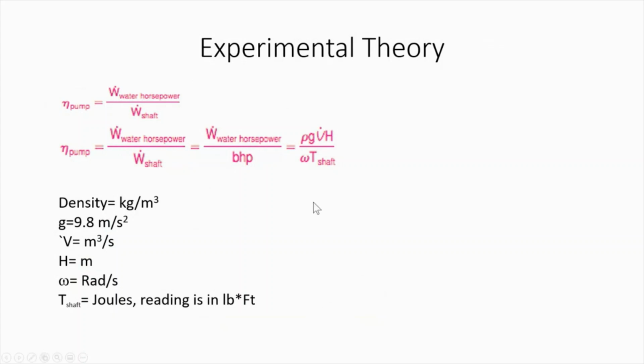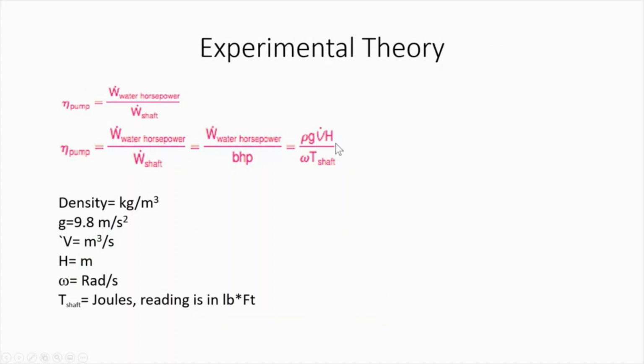All right, so now comes the second part. It's the efficiency. How do you calculate it? Pretty much, however much energy you're giving it and whatever much energy you're getting out, the ratio of it is the efficiency. So you have rho g V naught h.